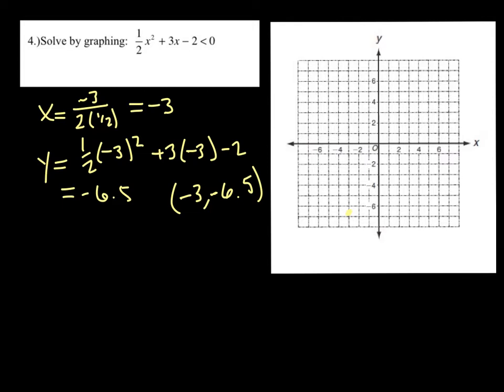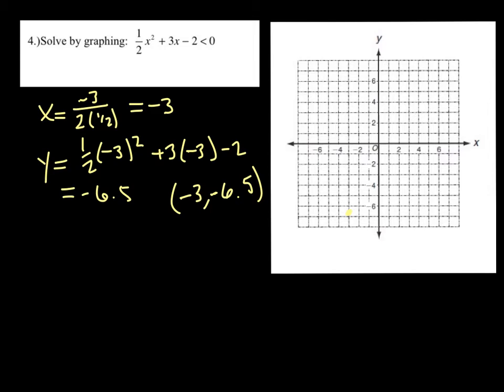So now we need 2 more points. And I'm going to make those 2 points my x-intercepts. We talked a little while back about how when you're solving for x, it really means that you're finding the x-intercepts. So finding the x-intercepts, finding the real solutions, finding the zeros, the roots, it all means the same thing.